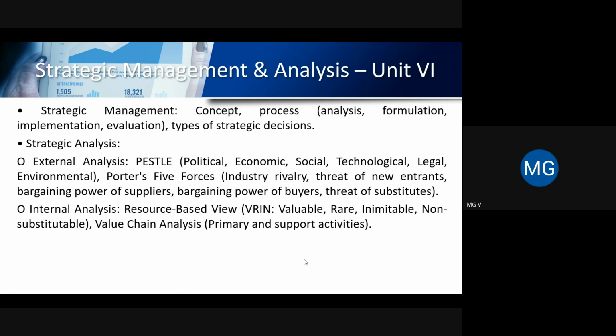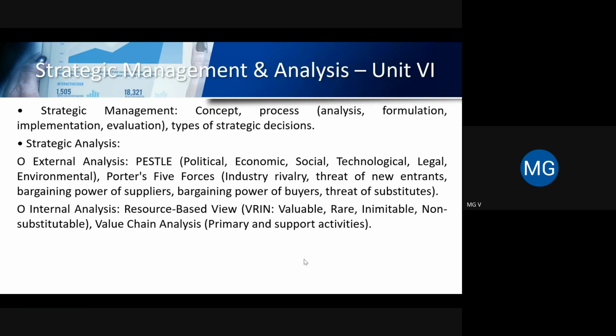External analysis involves examining the macro environment using PESTEL. I hope all of you are familiar with the full form of PESTEL. It also examines the industry environment using the Porter Five Forces model. PESTEL helps identify broad environmental factors that may impact the organization. Porter's Five Forces analyzes the competitive dynamics within an industry.